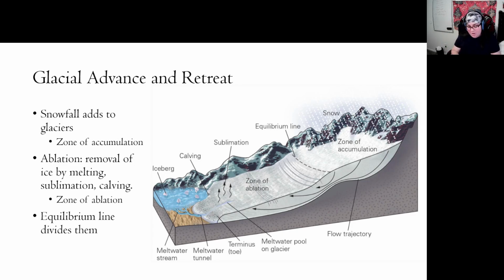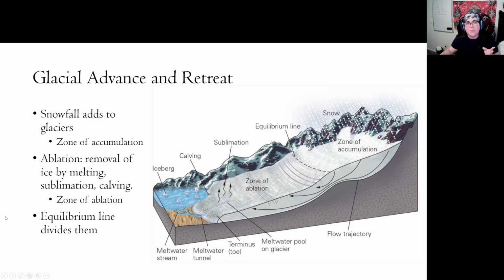We can also have ablation, which is the removal of ice from a glacier. This can happen from melting, which becomes water and goes away, sublimation, which means it goes from solid to gas, and calving, which is when little chunks of the glacier fall off.